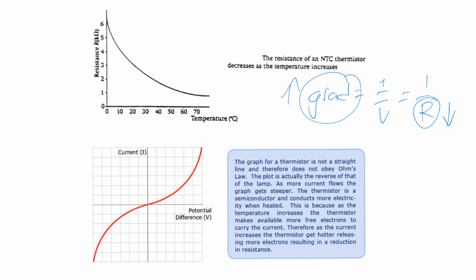Because if I draw a line from the origin, it must get steeper. Do you understand? Now, for a thermistor, it also has no polarity, which means even if I reverse the connection to the cell, it will still be able to conduct electricity, no worries. But the only one that won't be able to conduct is the diode actually. All other components that we learned, the polarity doesn't matter.